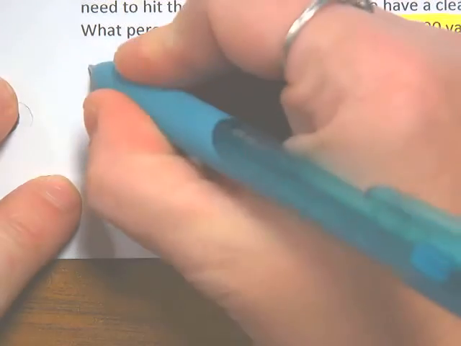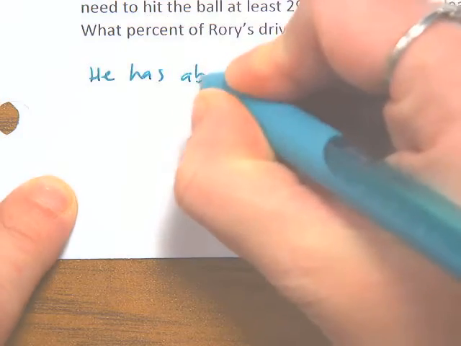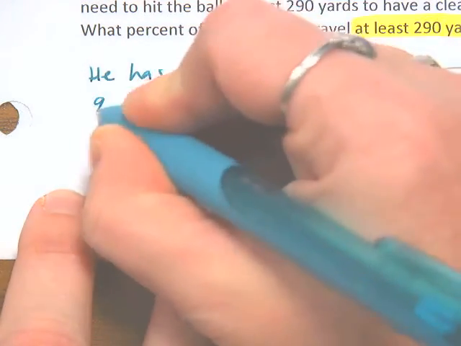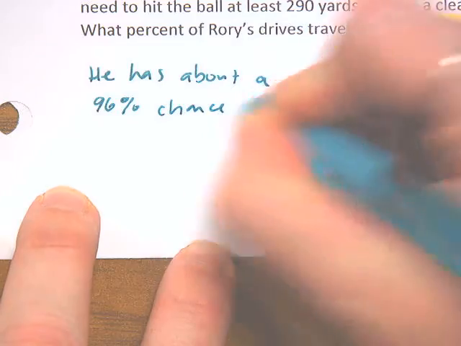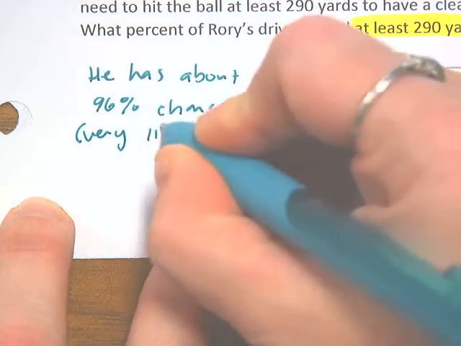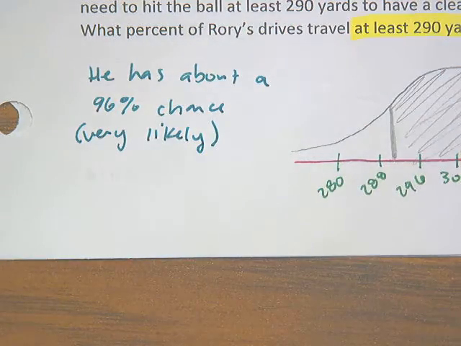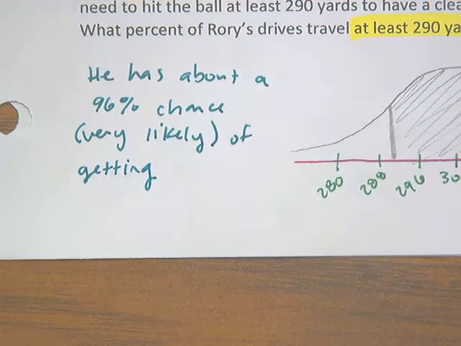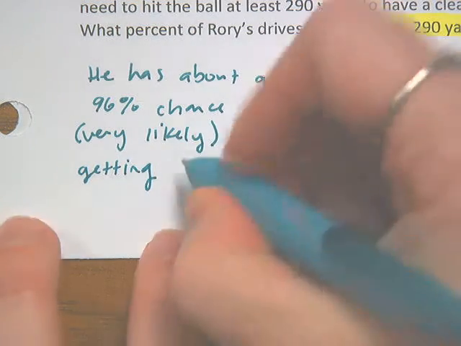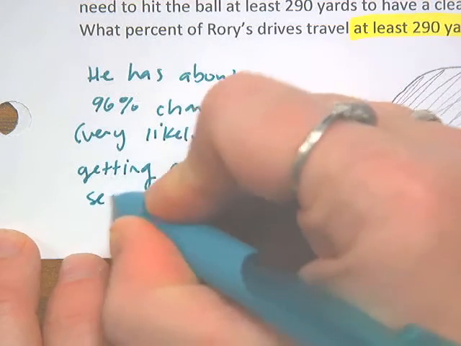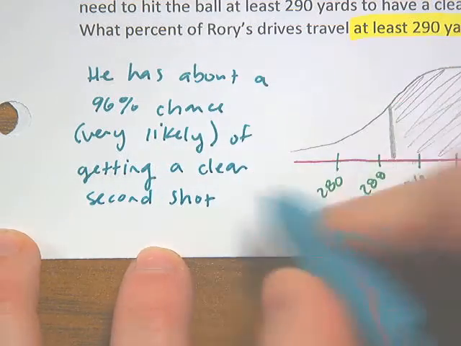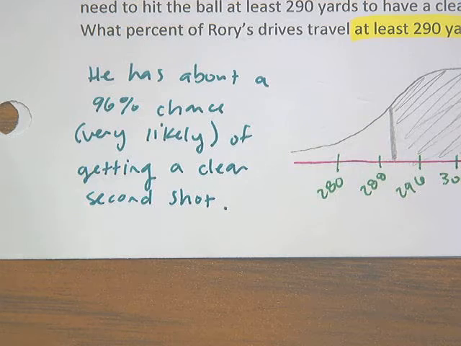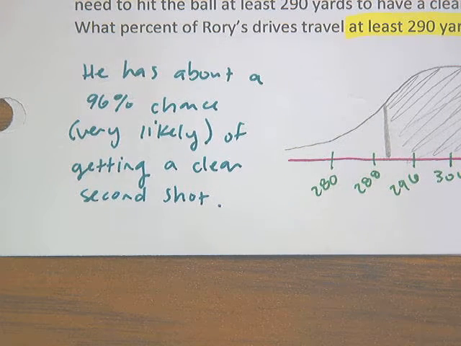He has about a 96% chance, which is very likely, of getting a clear second shot. I'm just revisiting what it's asking me. Is he likely to get a clear second shot? Yes. So just always make sure you answer the question. And then statistics, that's going to feel a little different than past math classes.